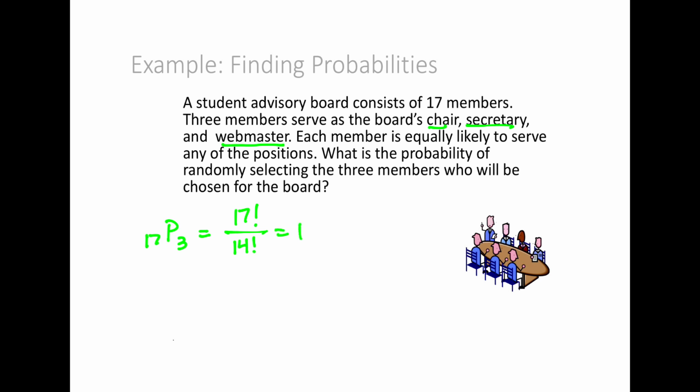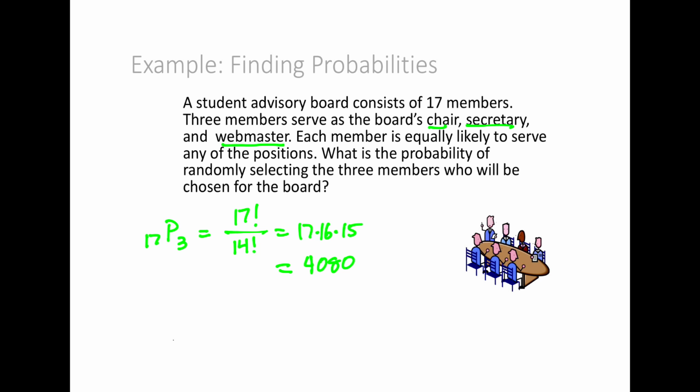And so that gives me 17, 16, 15. Or you can use the permutation function on your calculator. This will give me the number of different permutations, really, that I have here. And we get 4,080.